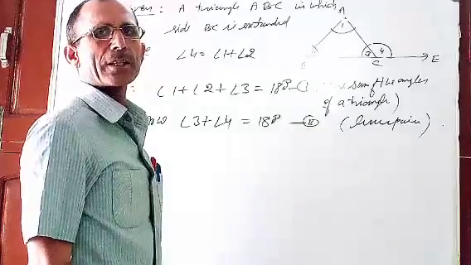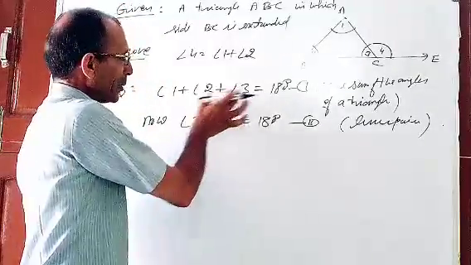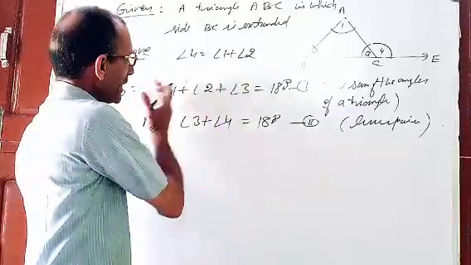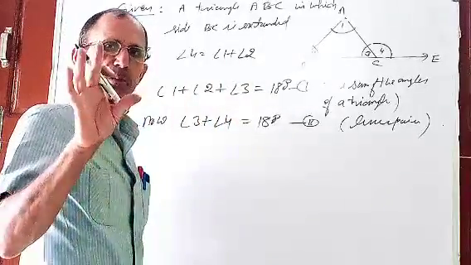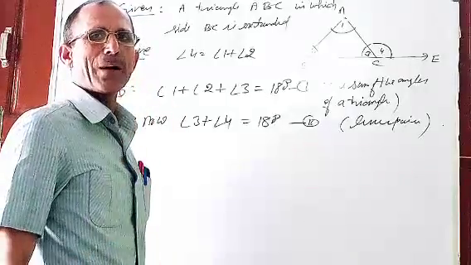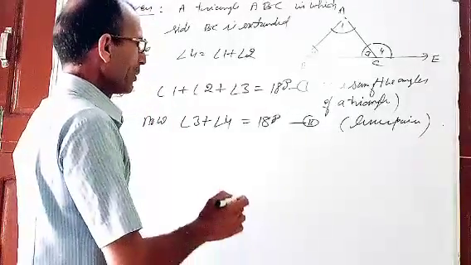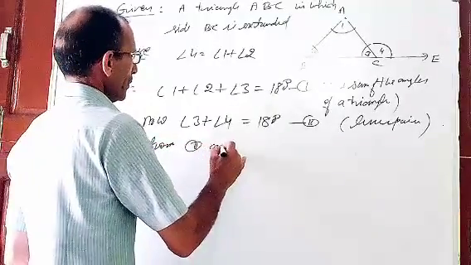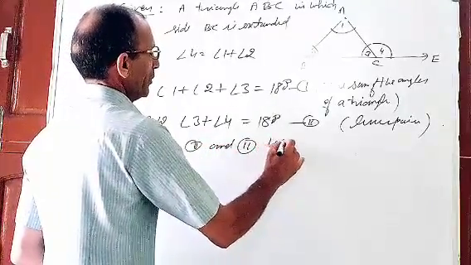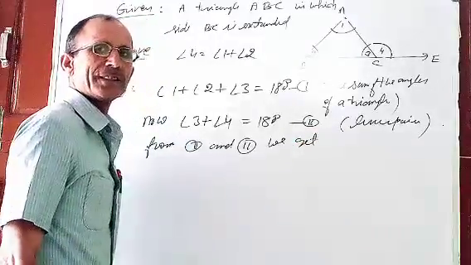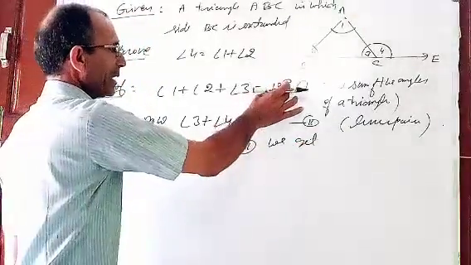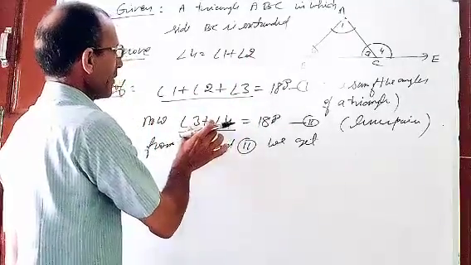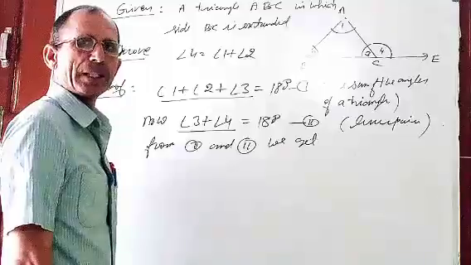Equals to the same are equal to each other. Their total is equal to 180. Their total is also 180. So both are equal. For this we have to apply the rule: equals to the same are equal to each other. Now on comparing from 1 and 2, because this is 180 and this is 180, these three angles' sum will be equal to the sum of these two angles.